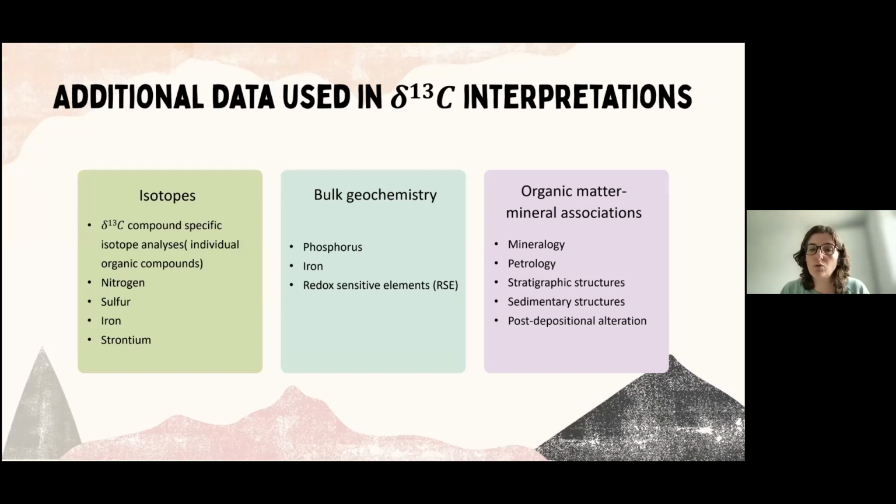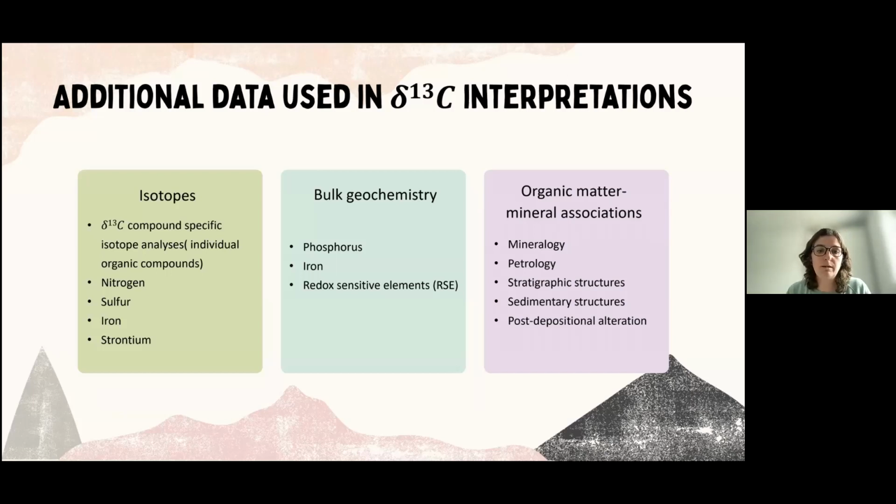So we need to build a comprehensive geological model for the area that we are studying, and to get this geological model, we integrate data from different sources. For example, additional isotope data, iron, oxygen, nitrogen, sulfur, a lot of isotopic data that will all give you a clue, and all together will give you the whole story.